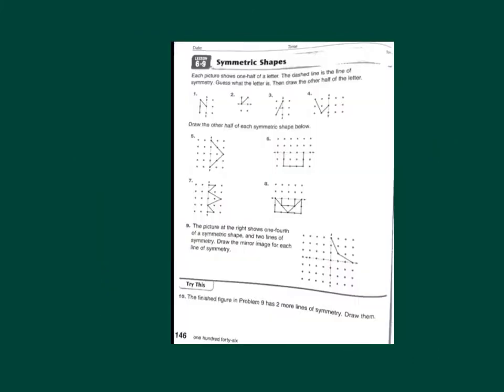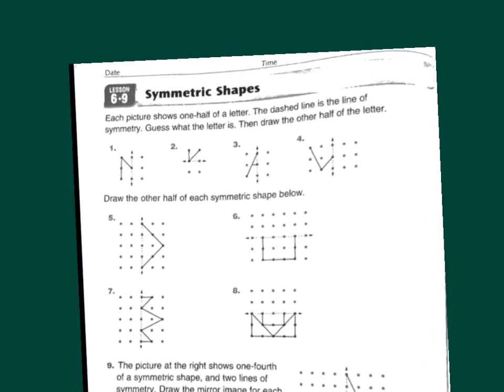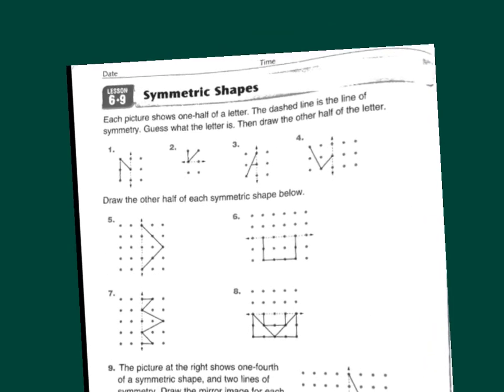In your math journal, page 146 shows you half of a letter for numbers 1 through 4. So the dotted line down the middle is the line of symmetry. Your job is to guess what the letter is and draw the other half of the letter. So you're responsible for drawing the mirror image.